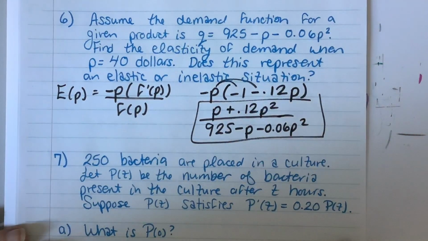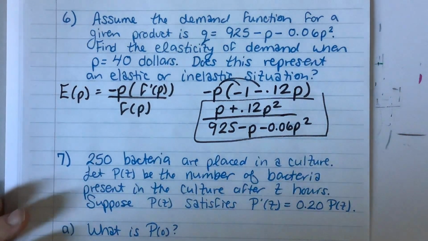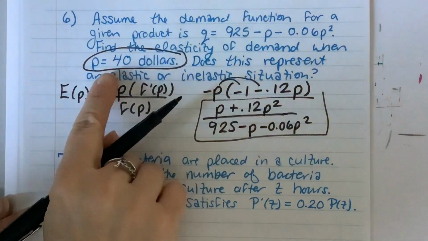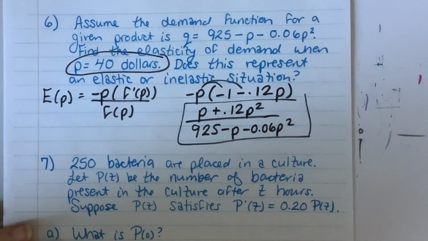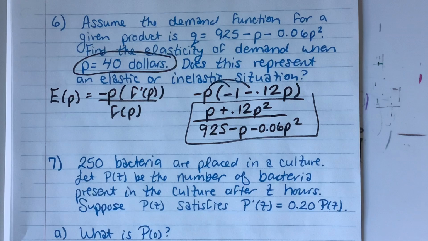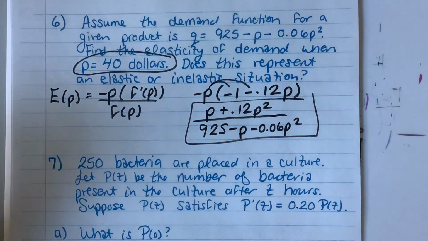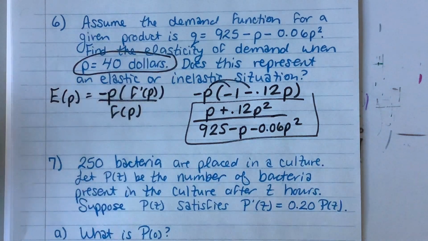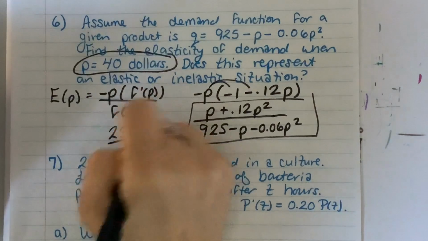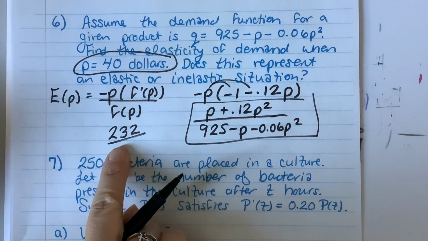This is the formula. Now to see if it's elastic or inelastic, you take P and you fill in 40 because it's $40. So if I take the top, 40 plus 0.12 times 40 squared, I got 232 when I filled 40 into the top.